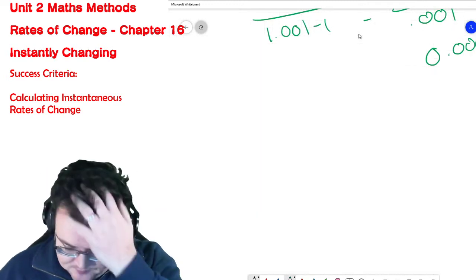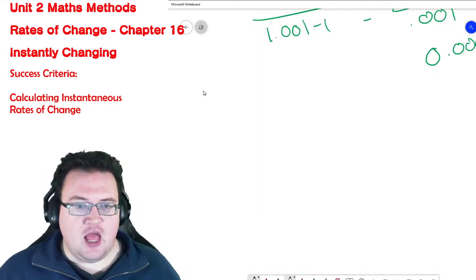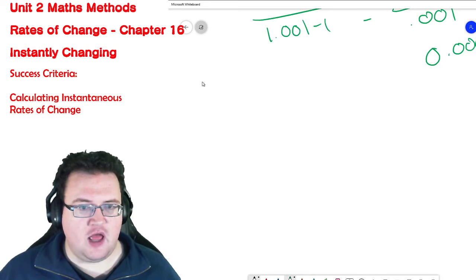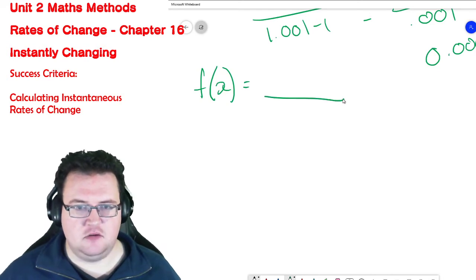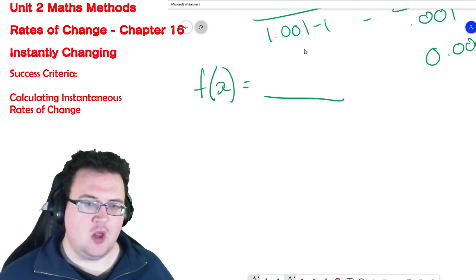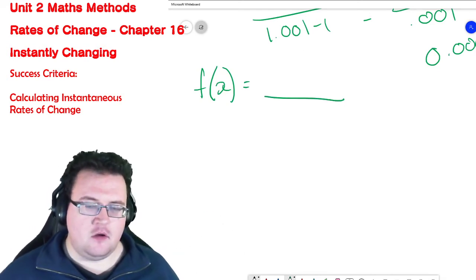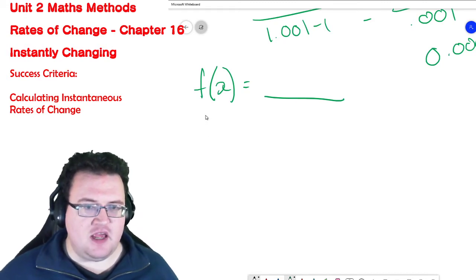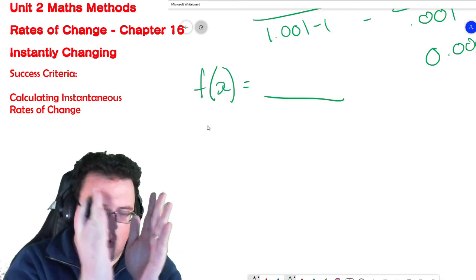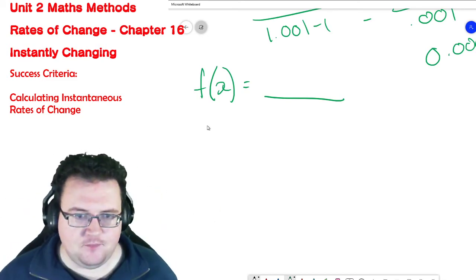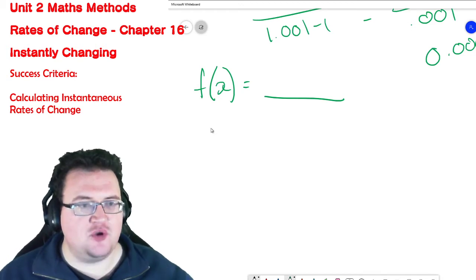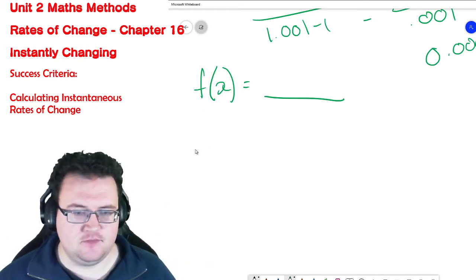So if I have a formula, so I have f of x, and I have f of x at a particular spot. What if I now think about a particular point on that line that is just a little bit either side, but I don't tell you what number that is.